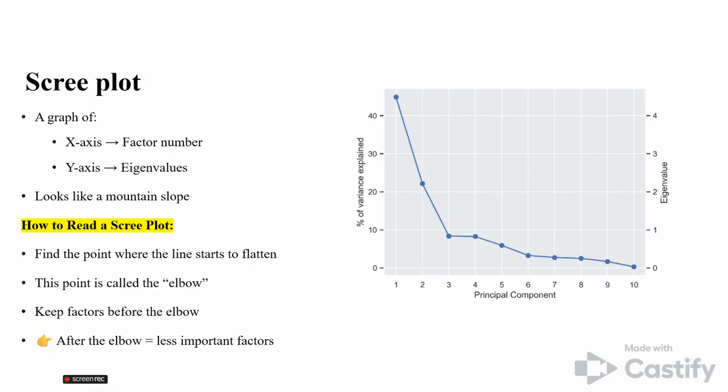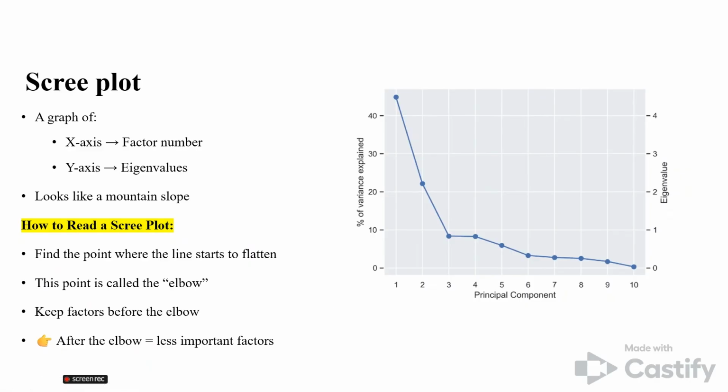We can find the point where the line starts to flatten. Here the line has started to flatten. This point is called the elbow. Keep the factors before the elbow, which means there are two factors that can be kept and considered. After the elbow, these factors, 1, 2, 3, 4, 5, 6, 7 factors, are less important factors.